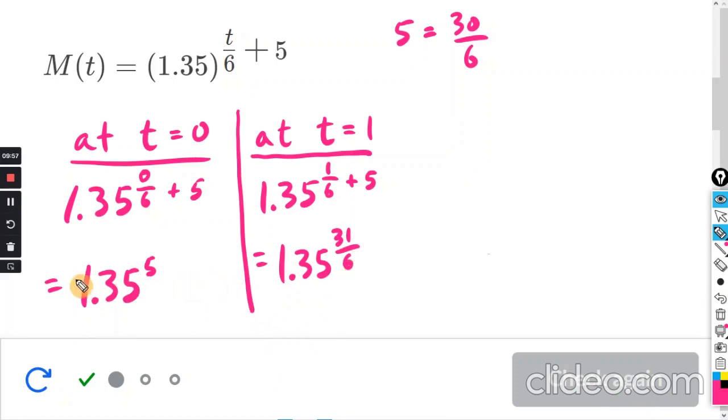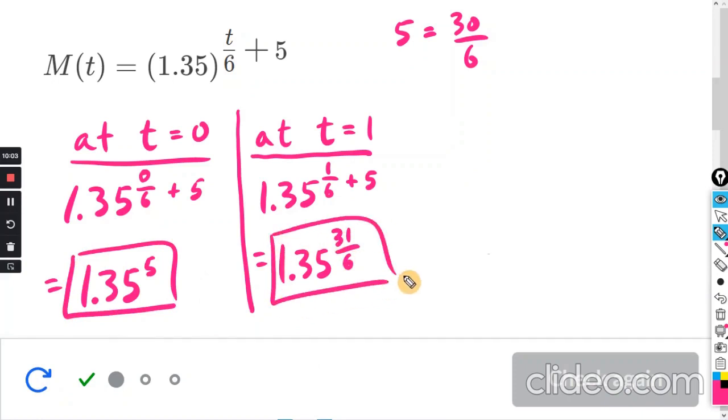All right, so it's multiplied by this on day 0 and by this on day 1. So in order to see what it's multiplied by, I'm just going to take this and divide it by this. All right, so 1.35 to the power of 31 over 6 divided by 1.35 to the 5th.